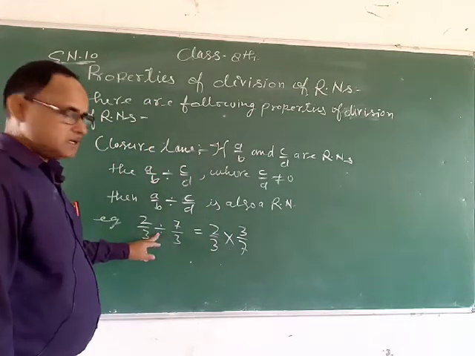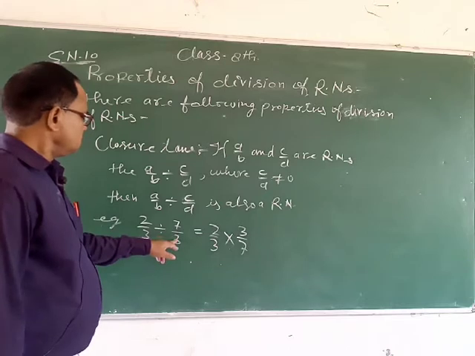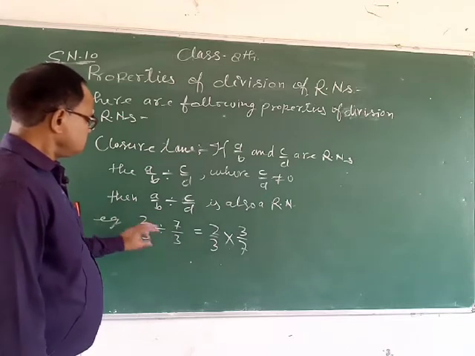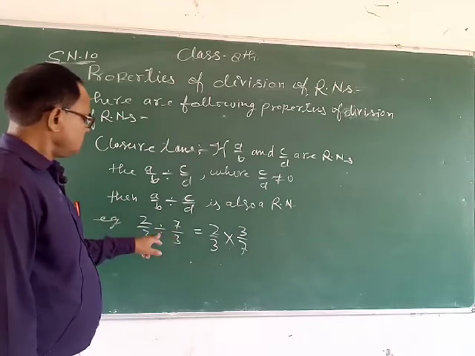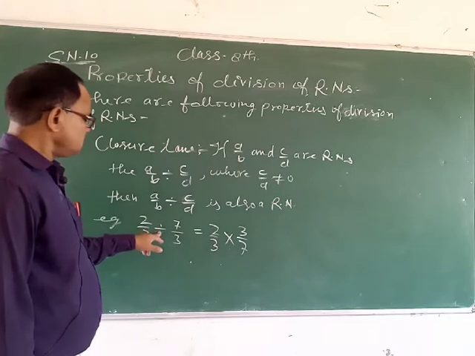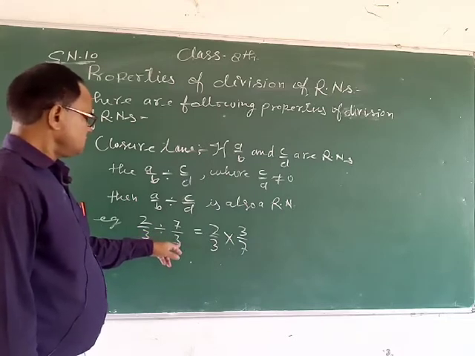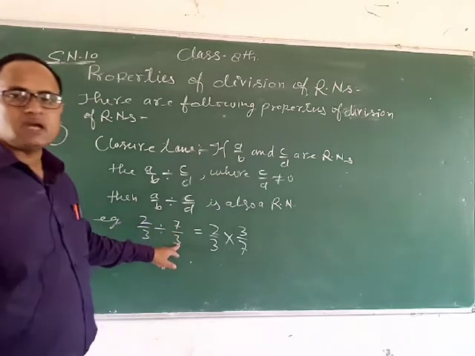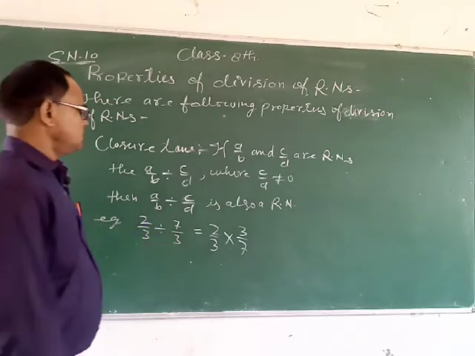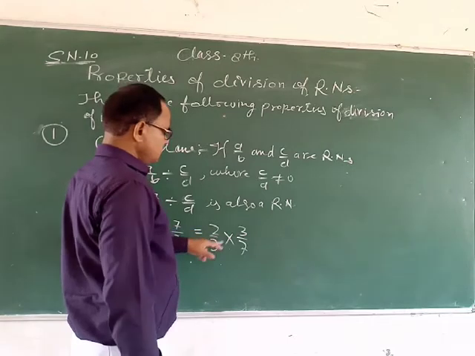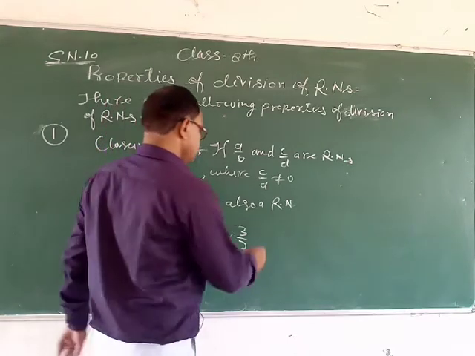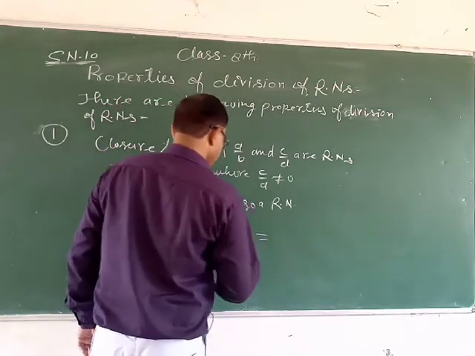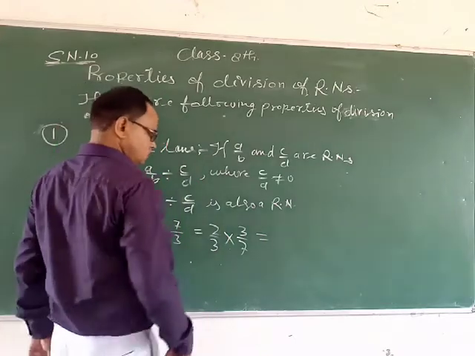Hence the division sign changes; the first fraction is fixed, but the division sign changes, and then the denominator takes the place of the numerator and the numerator takes the place of the denominator. In this case we write 2/3 multiplied by 3/7.